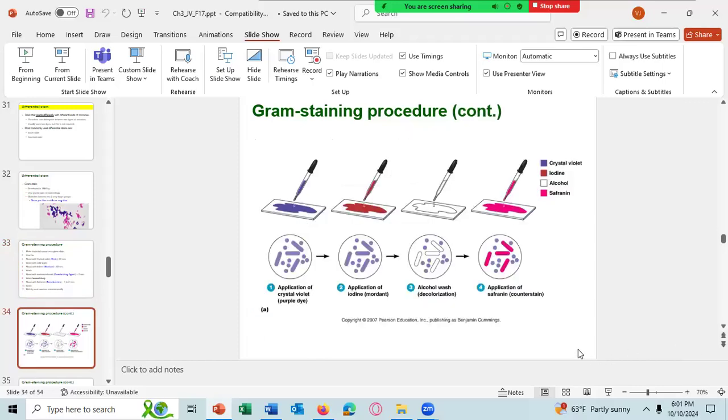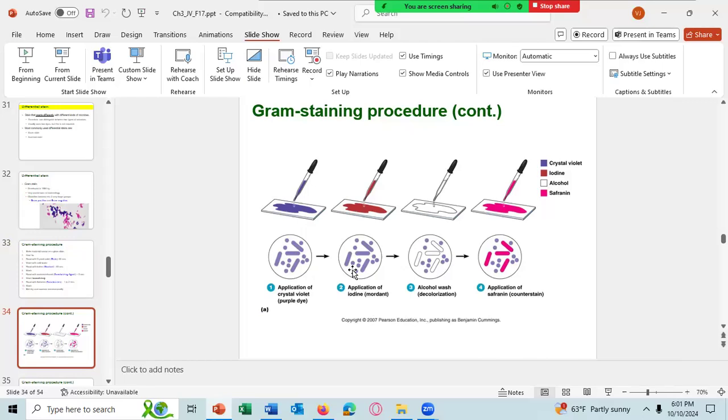When we're applying the Gram stain, when you apply the crystal violet, all the cells will pick up the crystal violet and will look a bluish purple color. You then apply the Gram's iodine, which is not a stain.